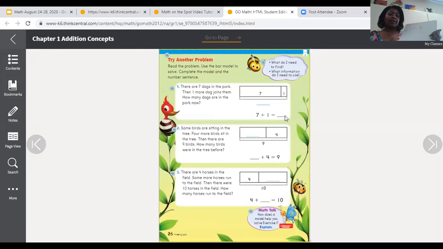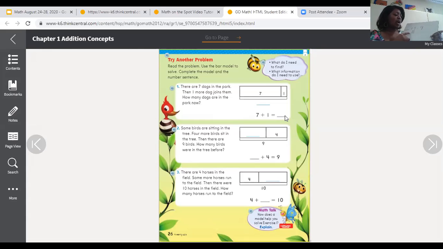So let's think about this. We are trying to figure out how many birds were there before the 4 came. And I am trying my best to figure this out. So I can draw 4. 1, 2, 3, 4. But I'm trying to get to 9, right?